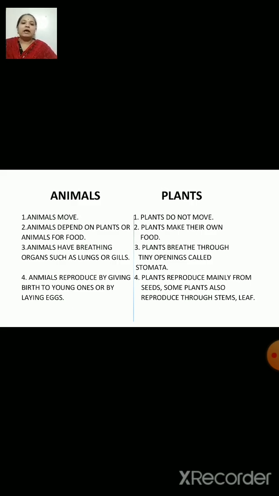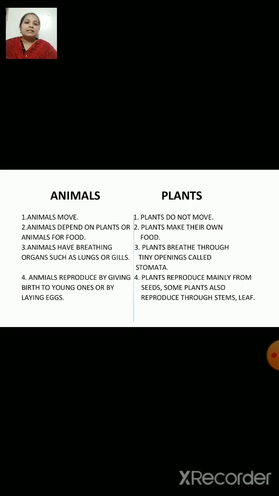Now, animals have breathing organs. We have discussed about various animals. Can you tell me how human beings breathe? Yes, we breathe with our nose. What about the fish? The fish breathes with the help of gills.